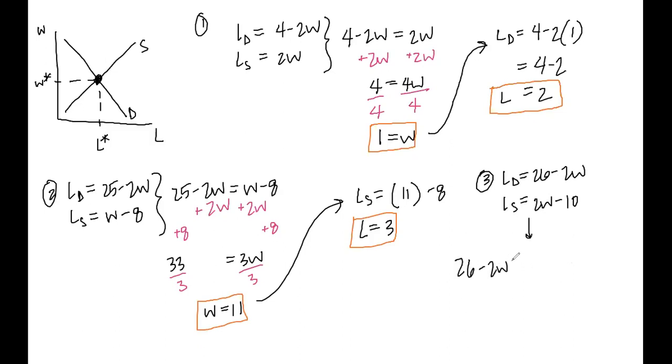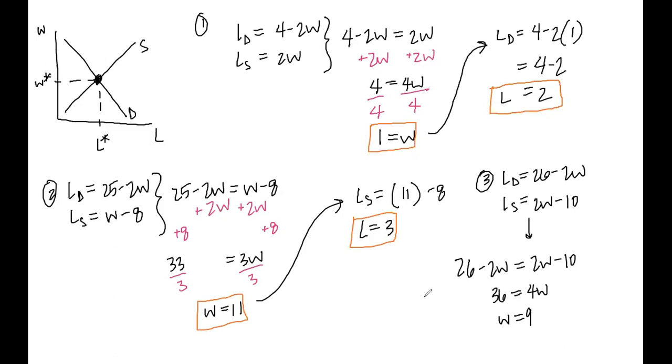So 26 minus 2W equals 2W minus 10. So we can add 10 to both sides to get 36, and then add 2W to both sides to get 4W. And then dividing both sides by 4, we get an equilibrium wage of 9.